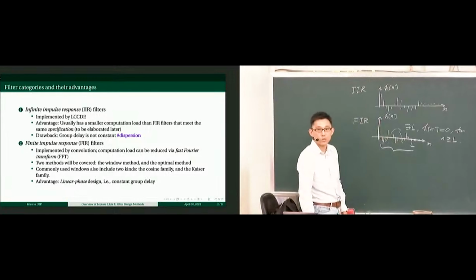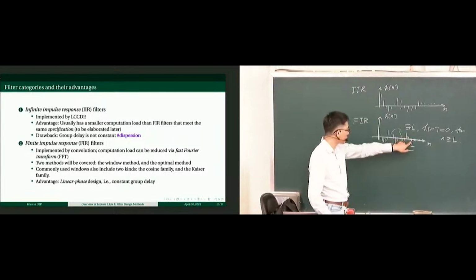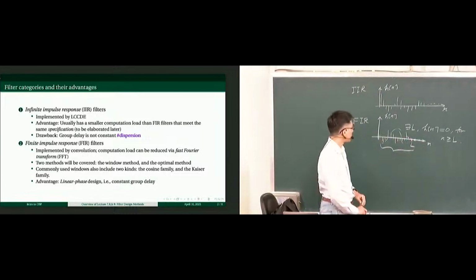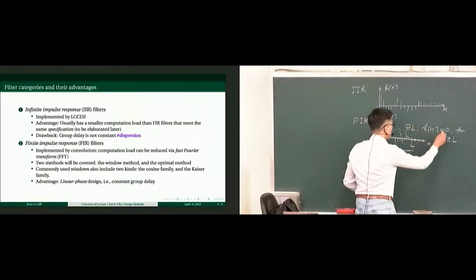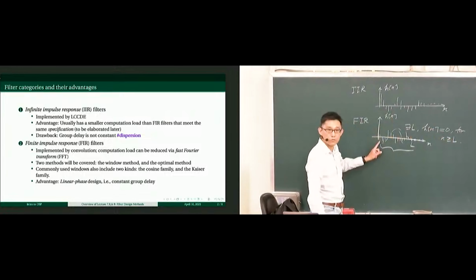Okay, so if you want to translate my statement into math symbols, there's a finite length, then after that length, h of n is zero. In this case, we assume causality.